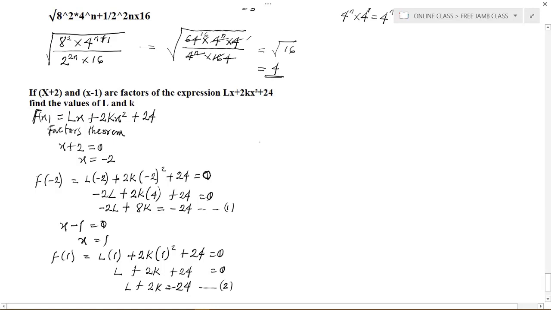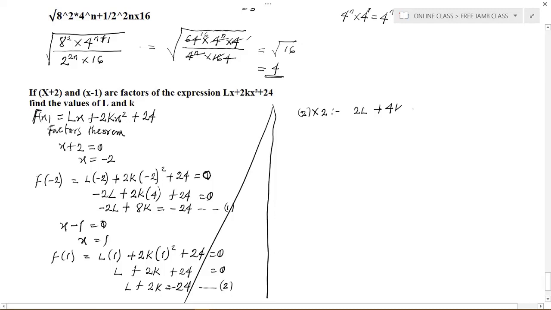From what we have here, we can easily combine everything together by taking equation 2 times 2. That will give us 2L plus 4k equals minus 48.